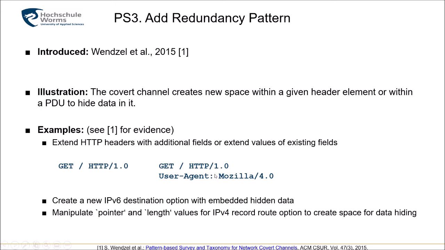For instance, in HTTP 1.0, you do not necessarily need to send the user agent. You could also create a new IP version 6 destination option and embed data in this option. There's also work showing that this is feasible. Or you could manipulate the pointer and length values of IP version 4 record route options to create space for data hiding.